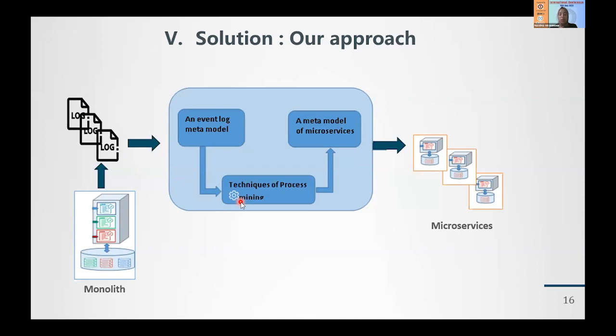We'll use this to see where we have the strong dependencies between classes and objects, and if we have the capability to break down these dependencies, we can generate microservices, a meta model of microservices.